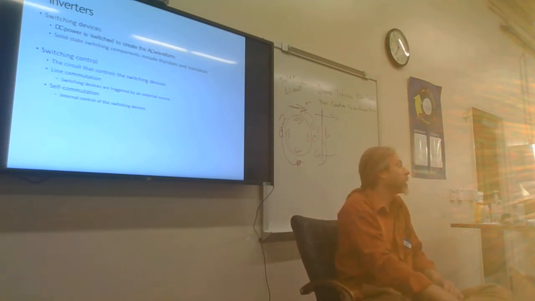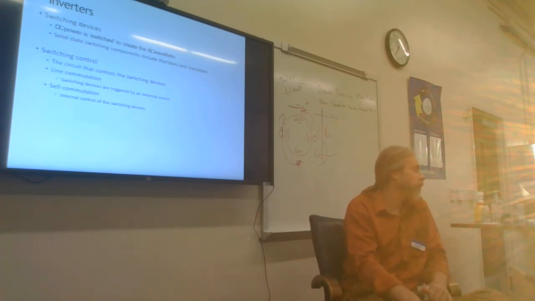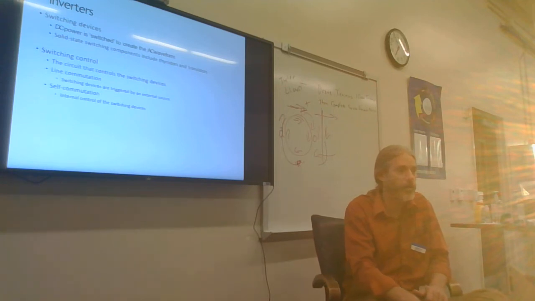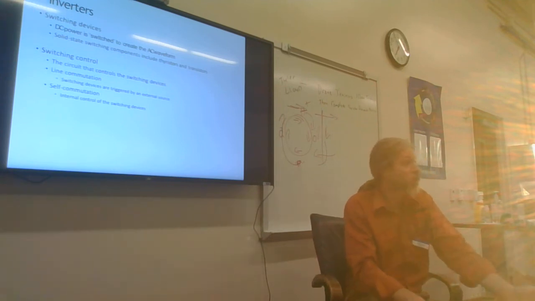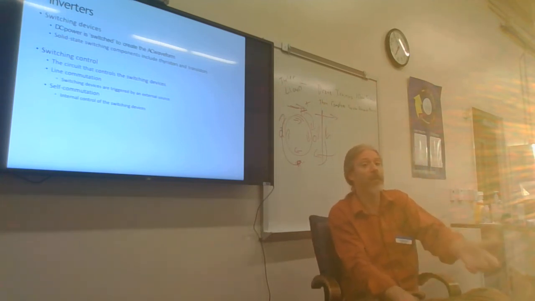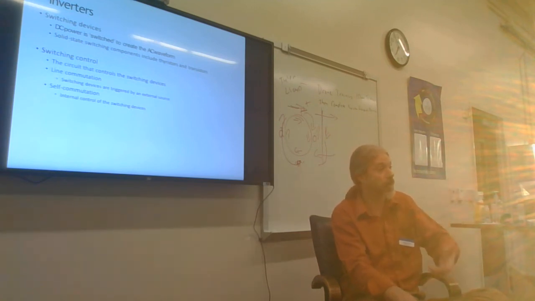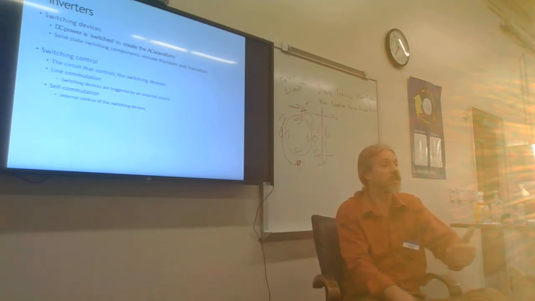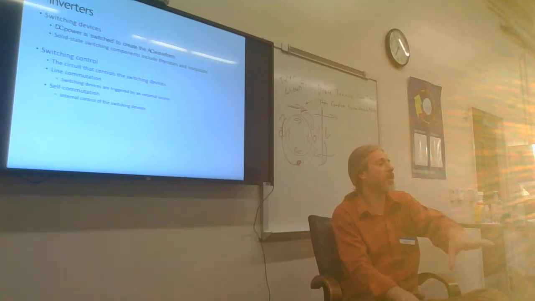If you have a line commutated inverter, the switching device is triggered by an external source, the grid. When the grid goes positive, the inverter outputs positive. When the grid goes negative, the inverter outputs negative. It matches the electrical signals that it is receiving. It boosts and puts more of that same signal right back into the grid.